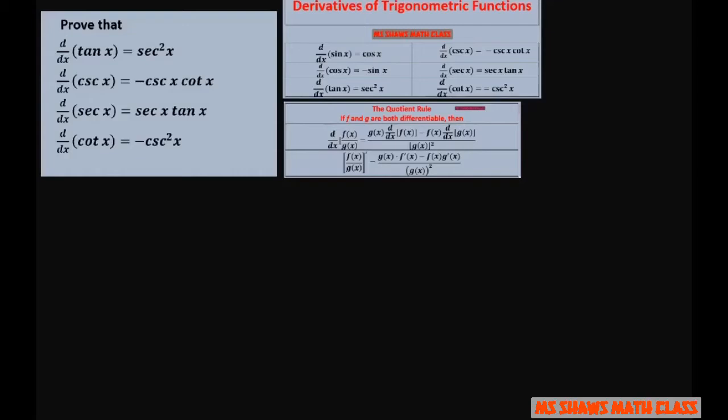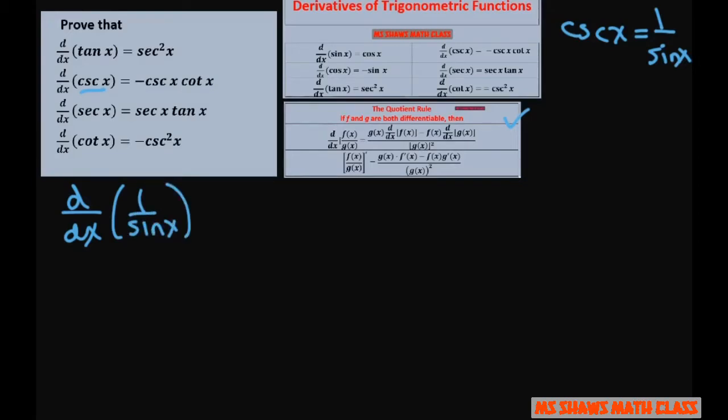So the first thing I'm going to do with this one is write cosecant of x equals 1 divided by sine of x. Then I'm going to use the quotient rule. So we have the derivative with respect to x of 1 divided by sine of x.